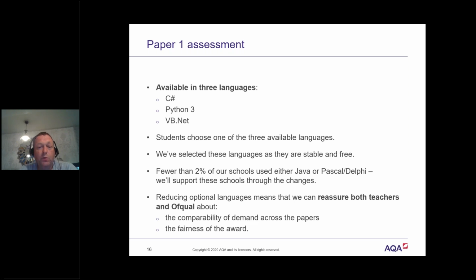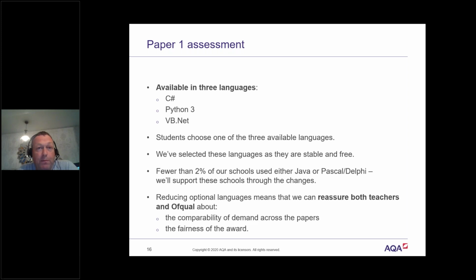Okay, so in terms of the languages, as I said, students can do any language they wish, and they're unique to the paper. The other languages that we used to use were Pascal, Delphi, and Java. We've actually dropped those languages simply because the entry was so small. About 2% of our cohort was Java and Pascal.